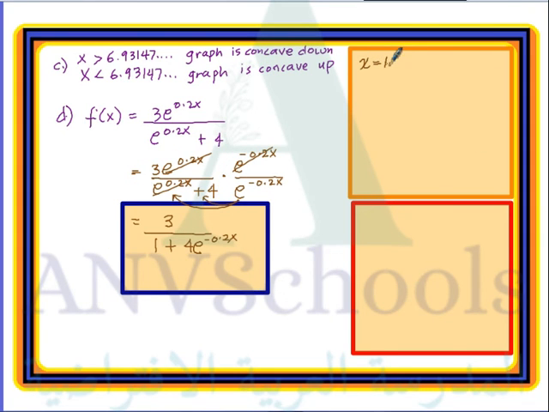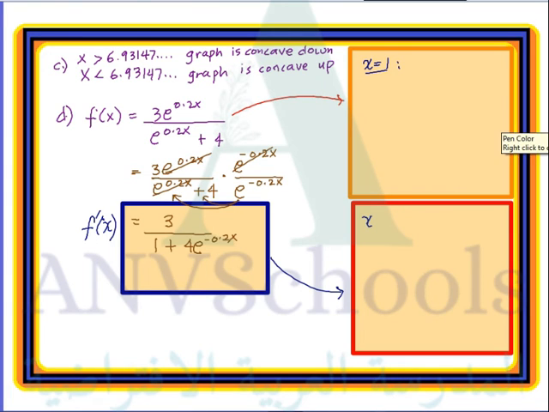This is the easiest. So when x is equal to 1, let us find f of x. This is for this part, and this is for this part.